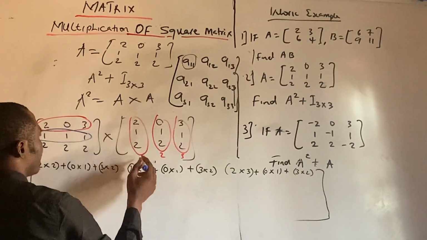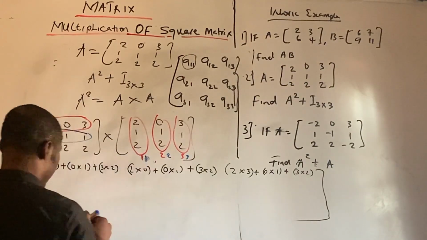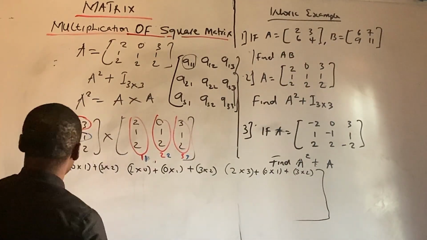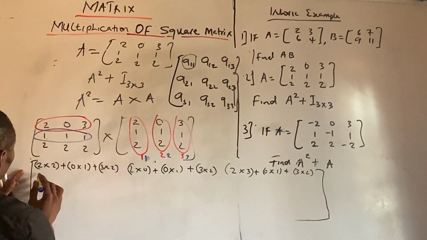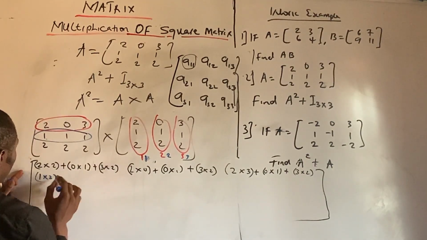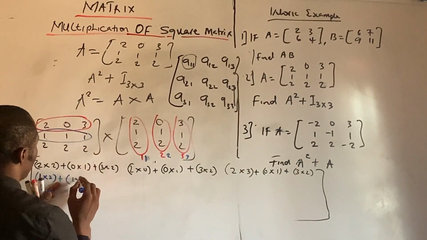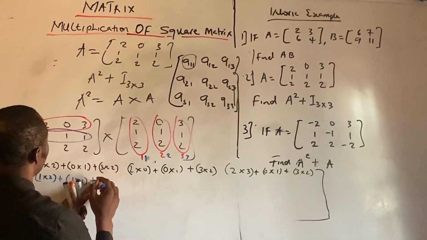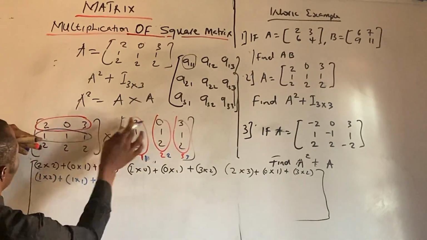So we're multiplying by this, and this, and this. Let's do the math together. Let me use the blue pen so that you can get it right. 1 times 2, plus 1 times 1, plus 1 times 2.